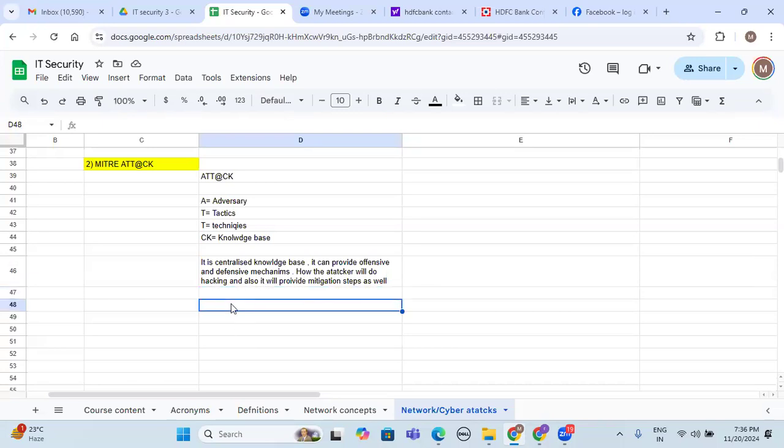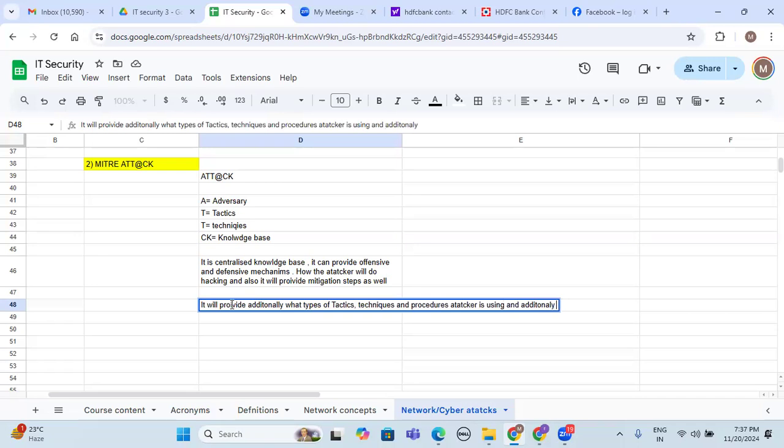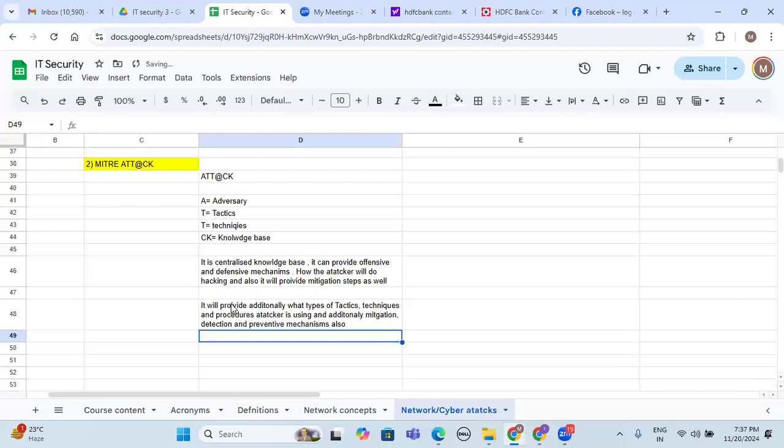Additionally, it will provide mitigation, detection and preventive mechanisms also. That is called the MITRE ATT&CK framework. Now, what are tactics, techniques and procedures here?